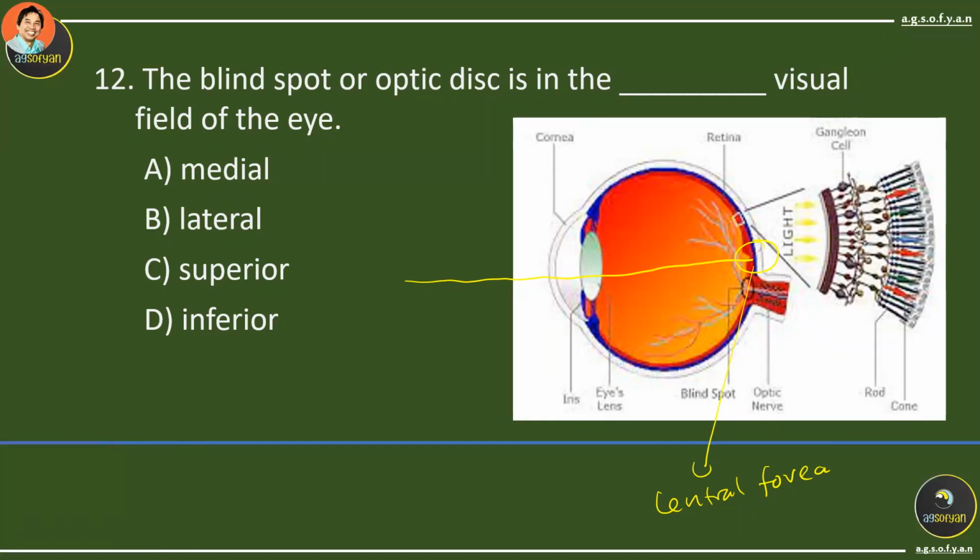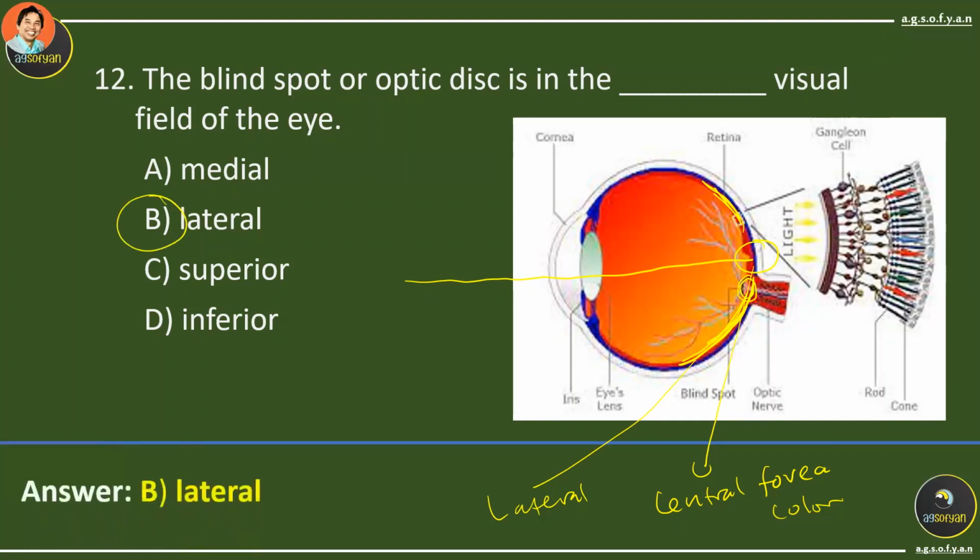So if the object goes to our central fovea, then you can see the object with color. Other areas than the central fovea, like this area or this area, are called the lateral. So lateral vision, including the blind spot over here, is located in the lateral area. So that should be the answer for that question.